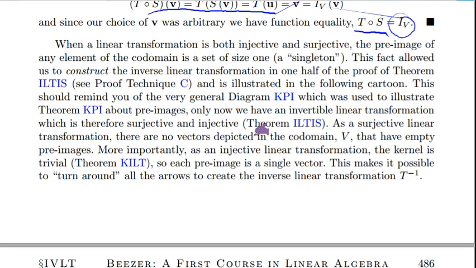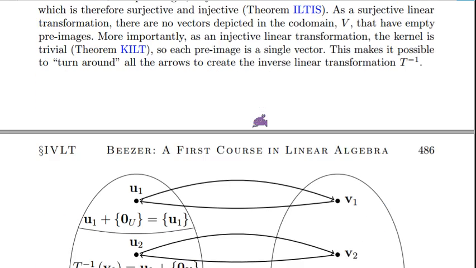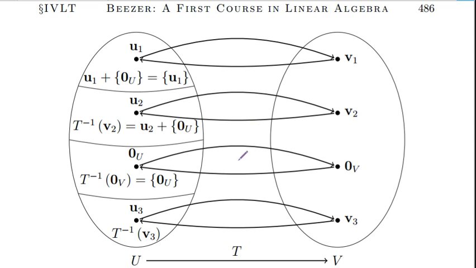All right. So here's the cartoon that in fact we have. For instance, 0 goes to 0V, and because it's injective, only 0U goes to 0V, nothing else goes to 0V. Same with U2. U2 goes to V2 since U2 is the only vector that goes to V2.